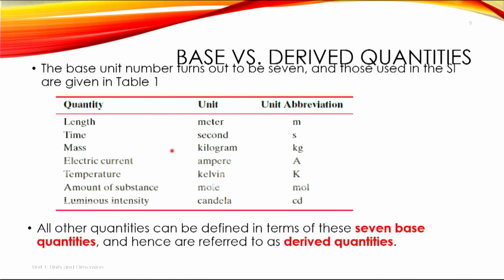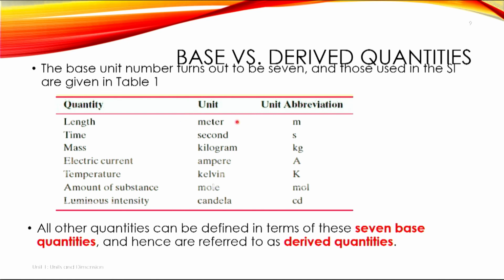As you can see, we have length, time, mass, electric current, temperature, amount of substance, and luminous intensity. These are the 7 base quantities, and we can see their respective units.